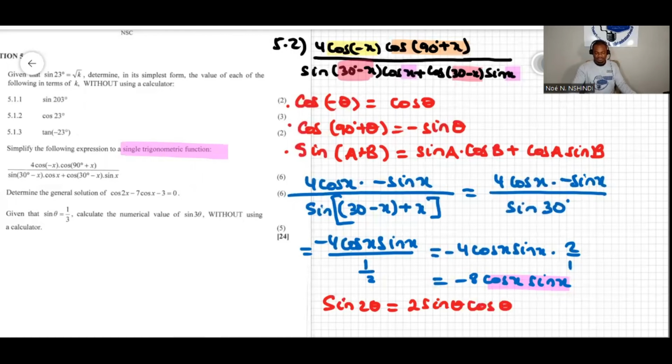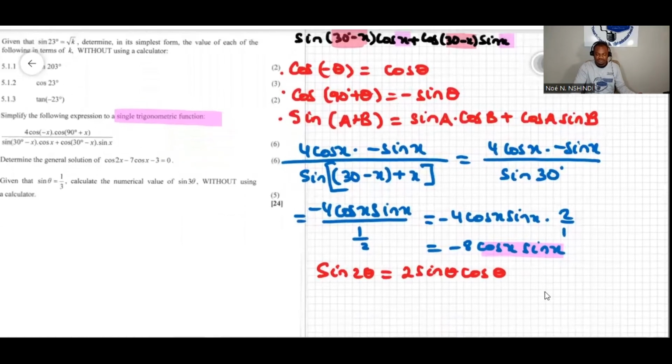The formulas can be used from left to right and from right to left. In this case we go from right to left, but I don't have a 2 here. This is negative 8. What else can I do then?